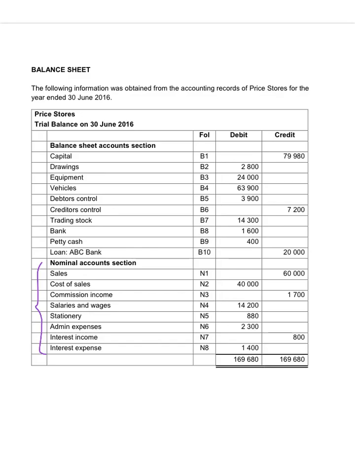If we have to record the balance sheet, we only look at the balance sheet accounts and not the nominal account. So it's only the assets, liabilities, and equity in the balance sheet section that will be recorded in the balance sheet.